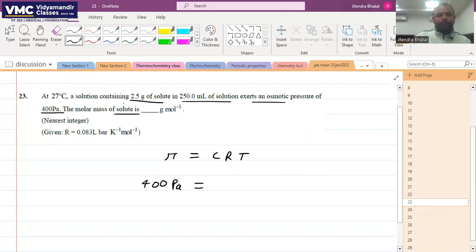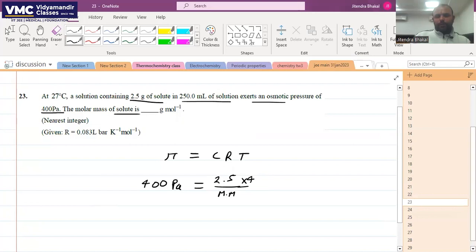Concentration. So we have mass of solute. So mass divided by molar mass is equals to number of moles. So we can divide this mass by molar mass, and these are number of moles. Now number of moles divided by volume in liter, so that is 1 by 4.